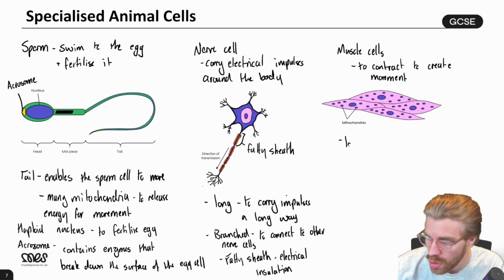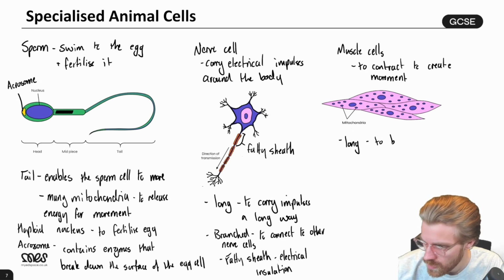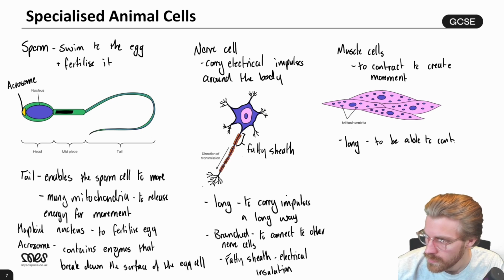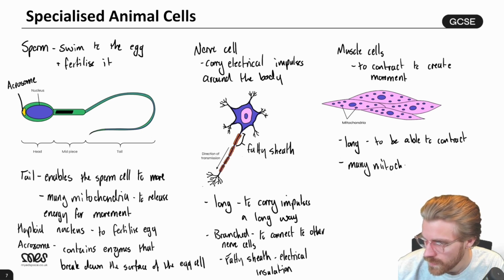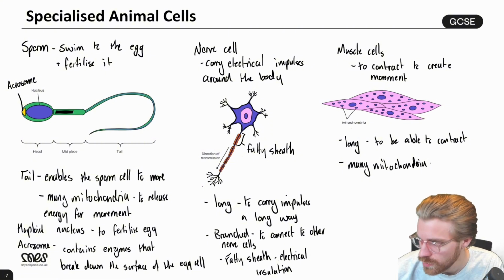Well, they are long, and that enables them to contract. They also have many mitochondria, and that enables them to release energy for movement.